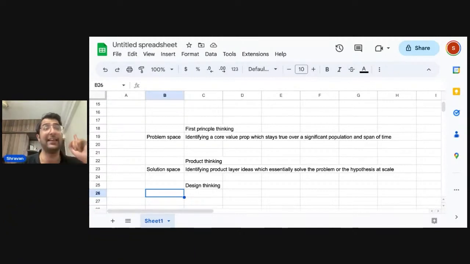So design thinking is the layer: how do you essentially provide value to the end customer of your product in the least possible effort? Again, I'll repeat. Design thinking is the thinking process in which you essentially give the value of the application to the end user in the smallest possible effort.